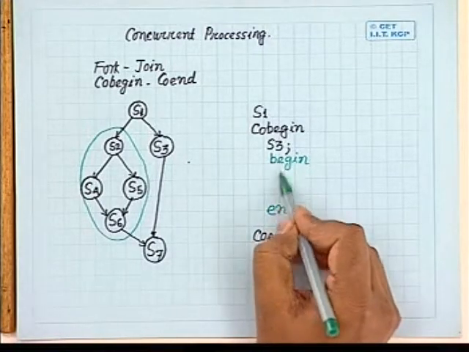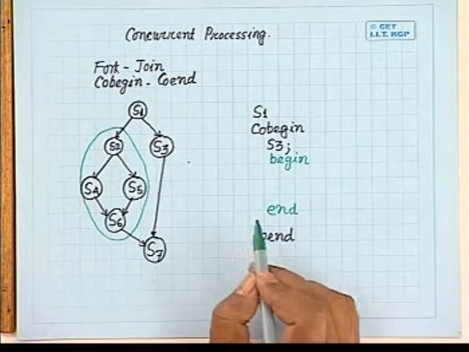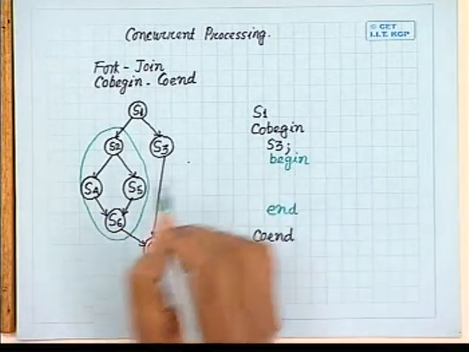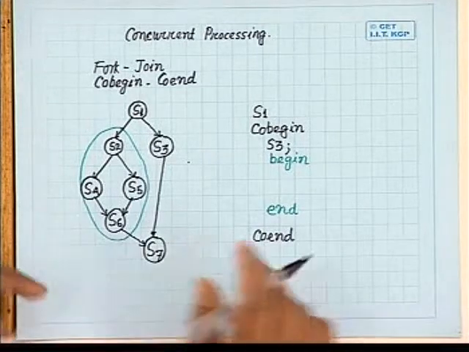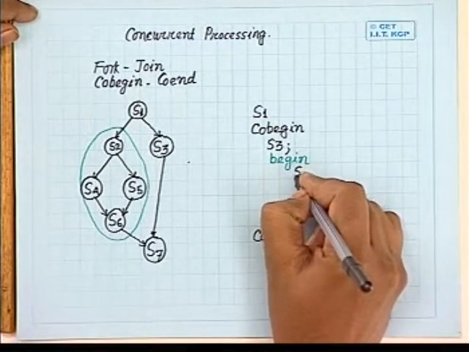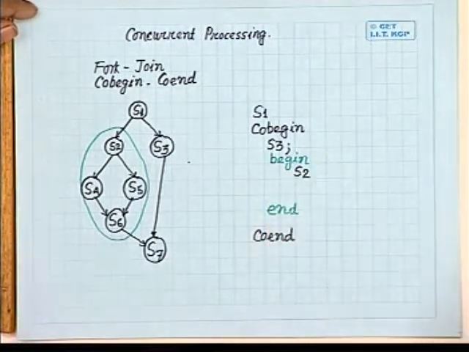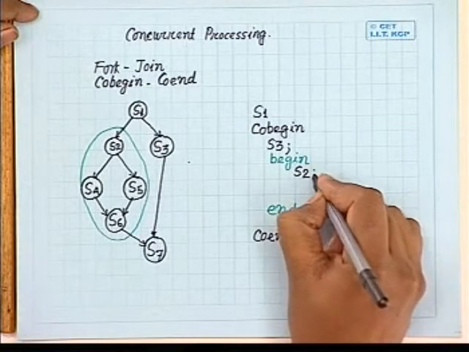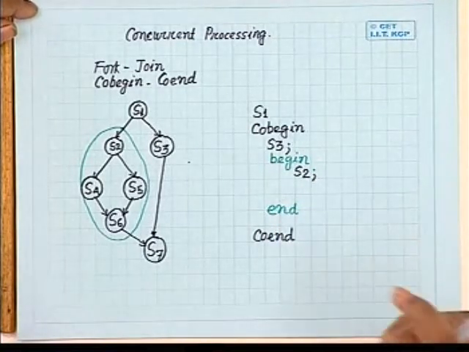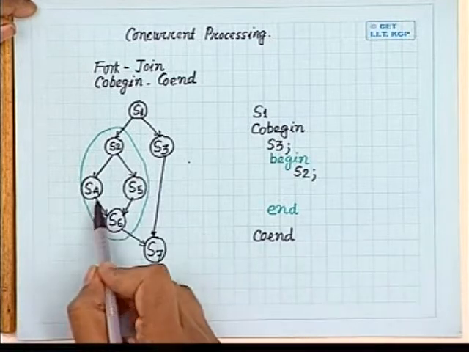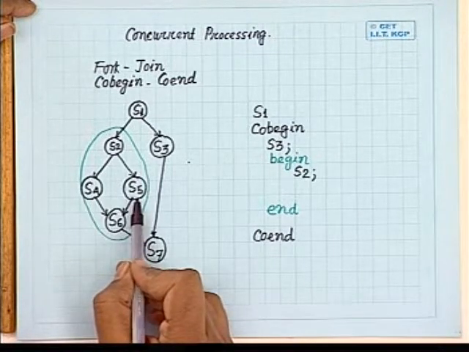Within this single process, I have to execute statement S2, so S2 will be executed under this. After completion of S2, I have to create two more processes. One will execute S4, the other one will execute S5.